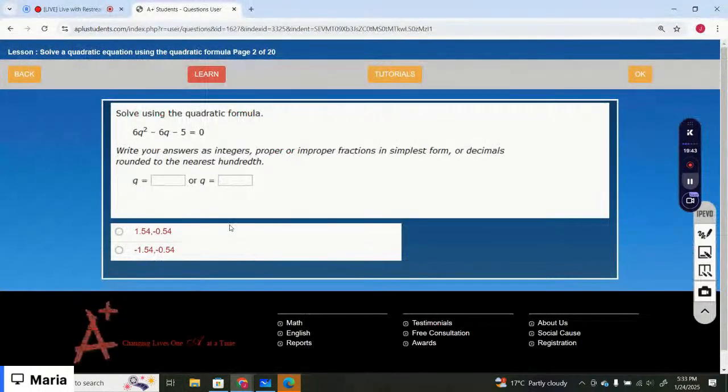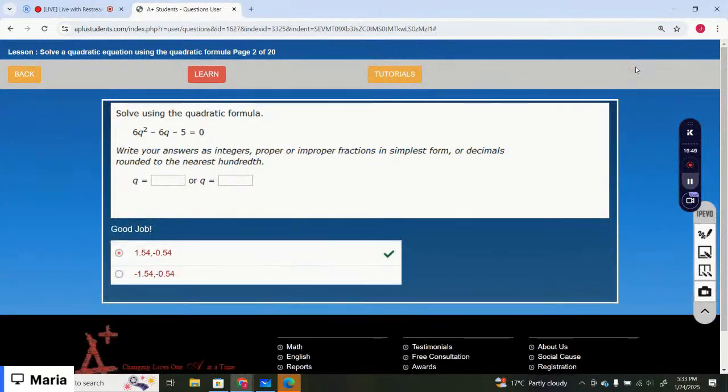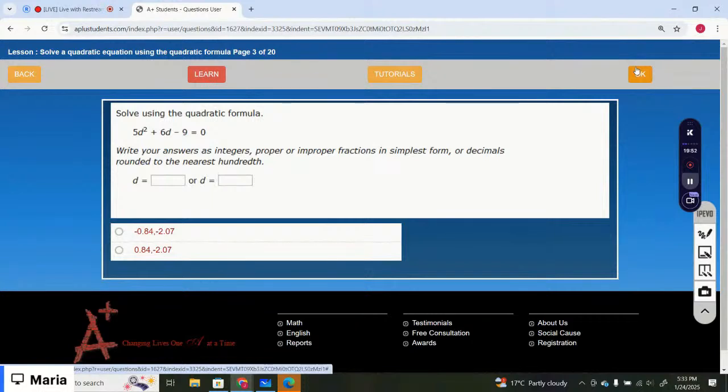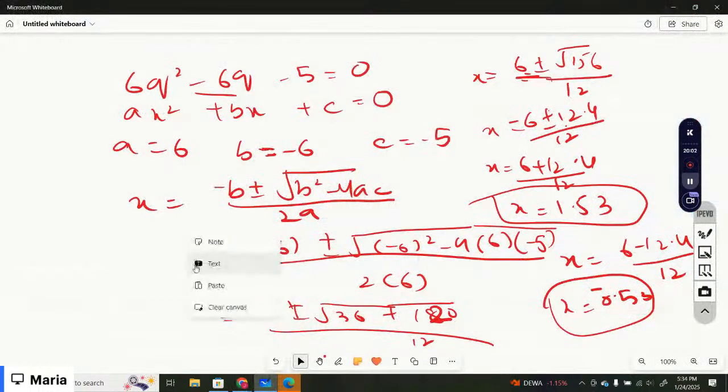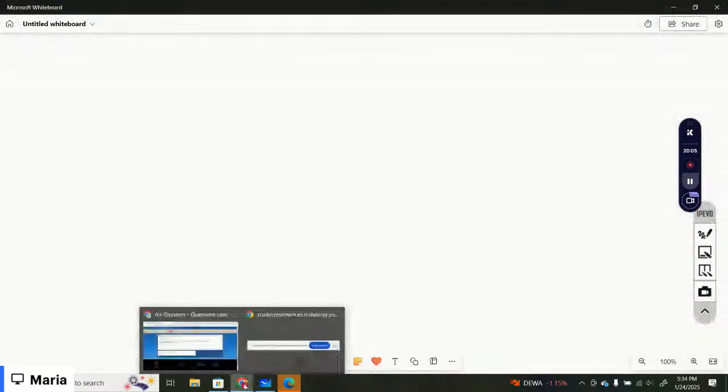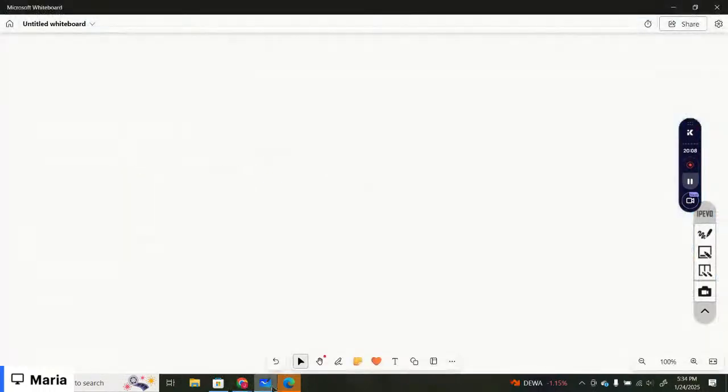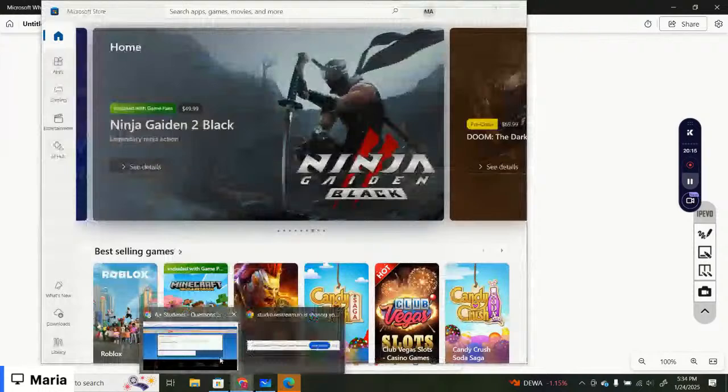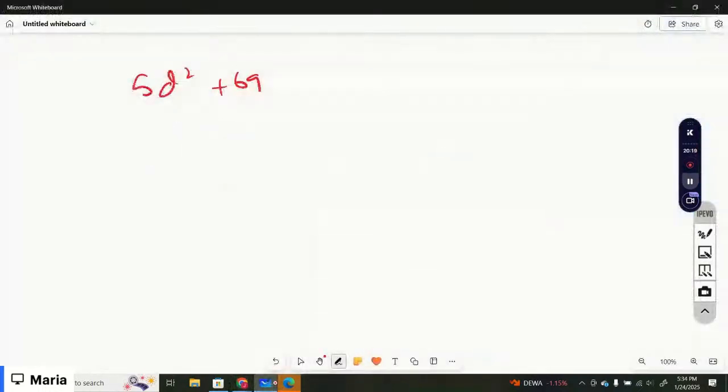Option number 1 is the correct option. 5d square plus 6d minus 9 equals 0.